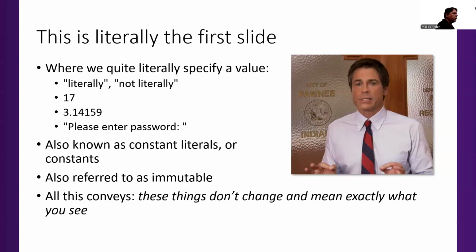It's not a name for some location in memory or something abstract. It's literally the number 17, and that's all we mean by that. Anytime you see something in double quotes, that's a literal string value, or a number, a whole number, a decimal number. Those are literal values that we're using in our code.